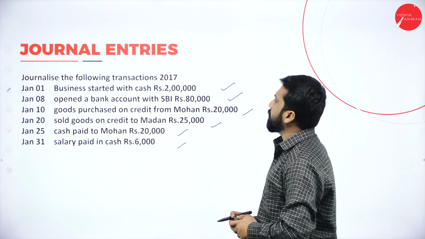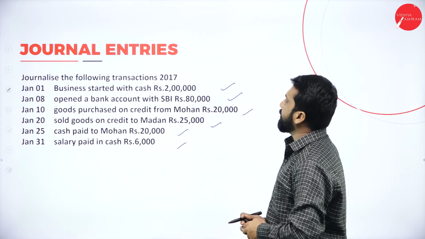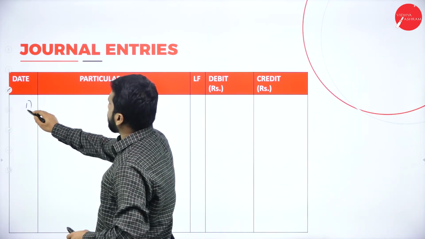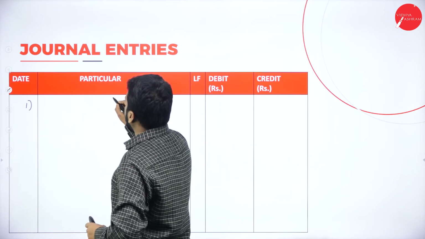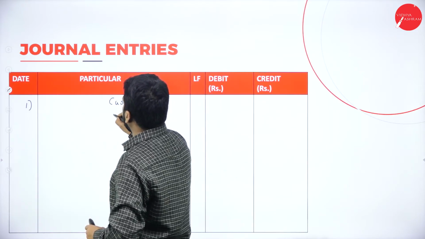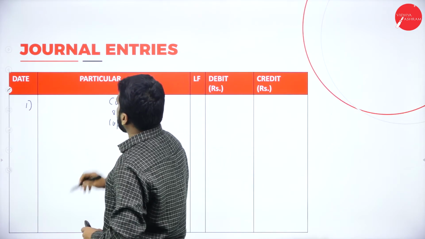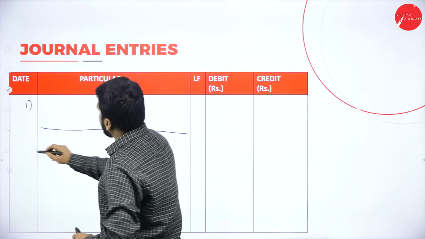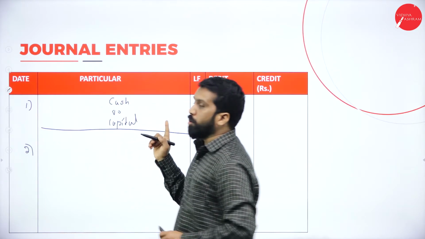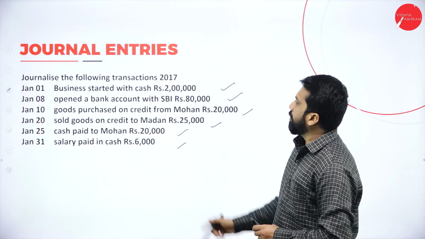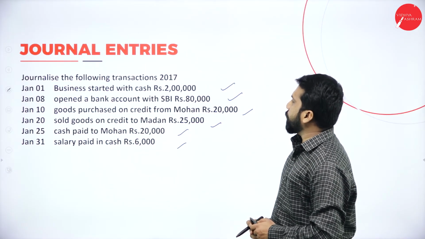Now, the first one is what? Jan 1st. Business started with cash. What will be the entry? Started with cash means what? Cash account debit to capital. So this will be your first one. Second one, homework for you. Opened a bank account with SBI.